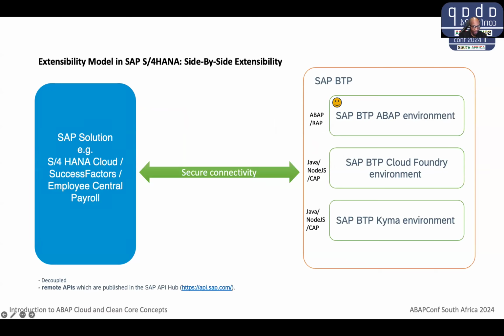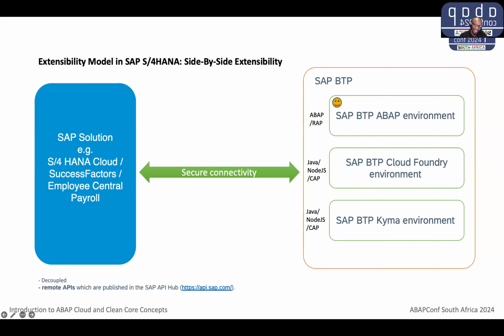For example, in the Cloud Foundry environment, you can use Java, or Node.js using CAP, which is a model that SAP came out with for building applications in Cloud Foundry and also in Kyma. Kyma is another runtime that SAP has on BTP, and it's more like Kubernetes. If you're familiar with things like Kubernetes and running Docker images, it's more like that, and it gives you a bit more flexibility than Cloud Foundry, and you can also build your extensions there.